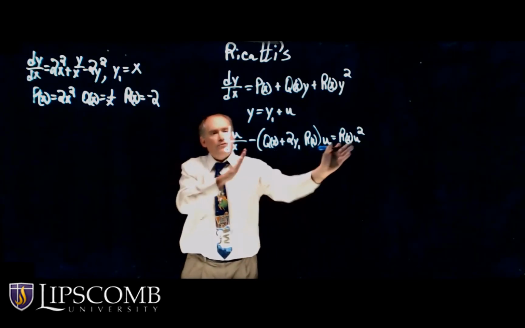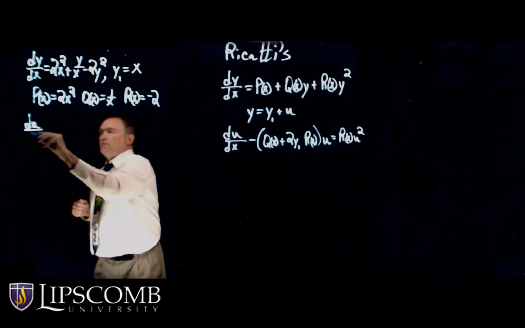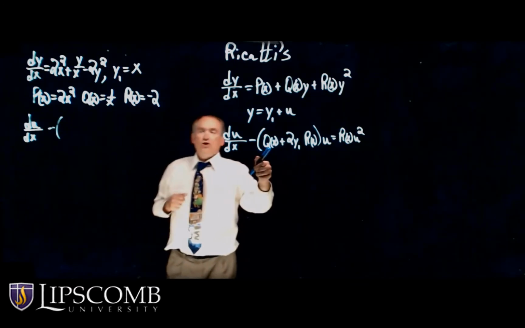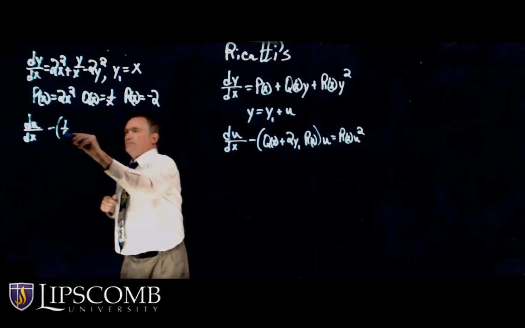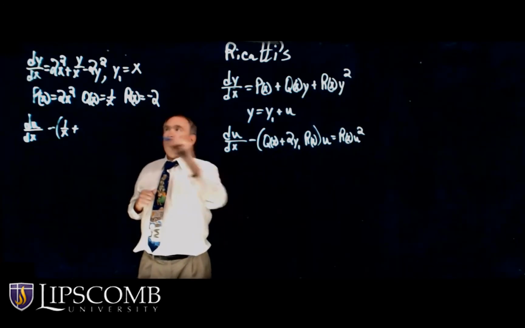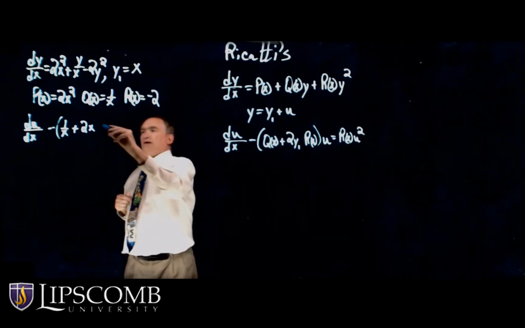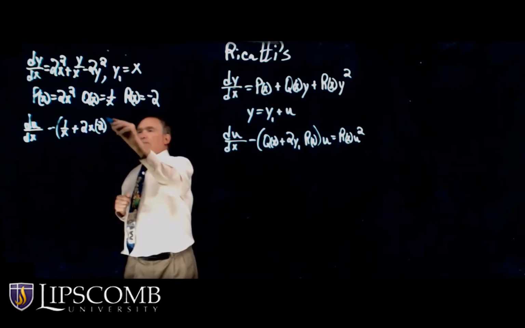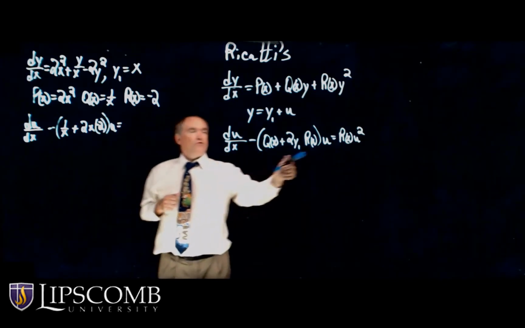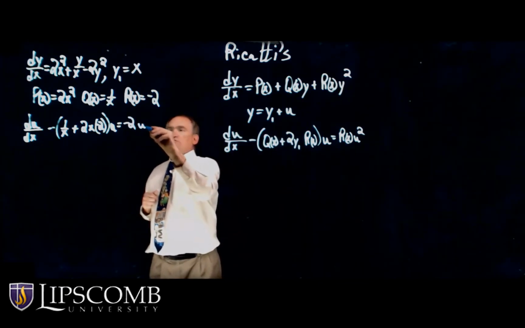So since I'm going to give you this formula, the u will be of the form du/dx minus, q of x, which is 1 over x, plus 2 times y sub 1, which is x, times r of x, so that'd be times a minus 2, times u equals r of x, which is a minus 2, times u squared.